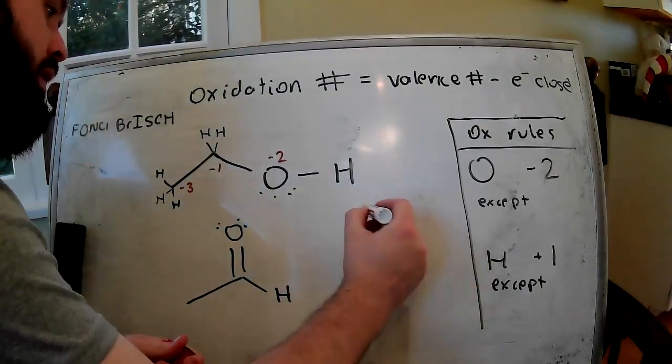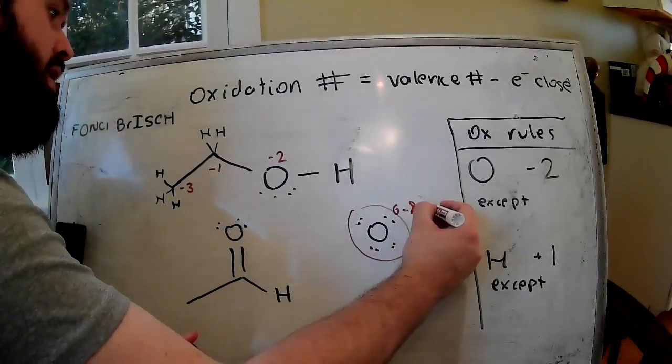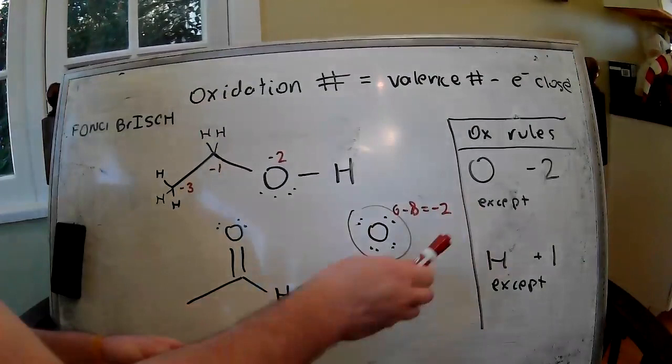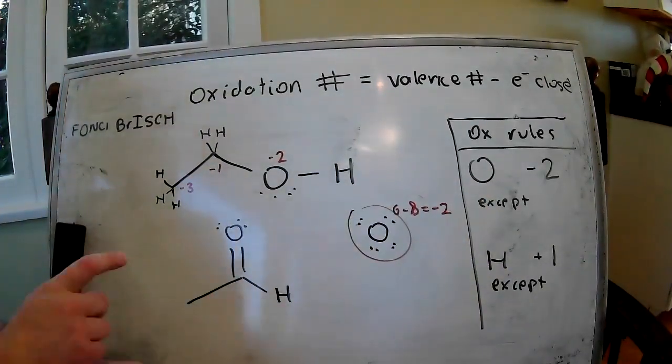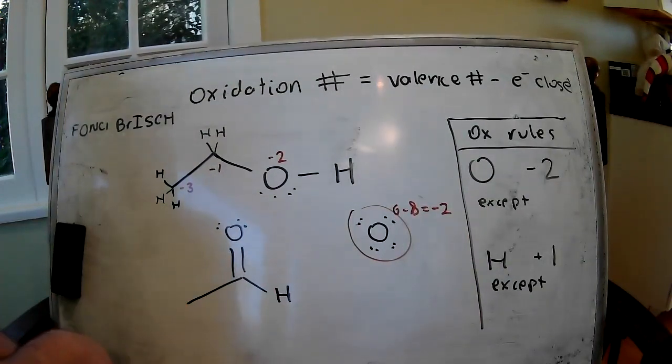And so we get 1, 2, 3, 4, 5, 6, 7, 8. We get 6 minus 8 is minus 2. So our oxidation rule is holding fast. Oxygen's making two bonds. It's more electronegative than carbon, who it's making the bonds to. So it's going to be minus 2.